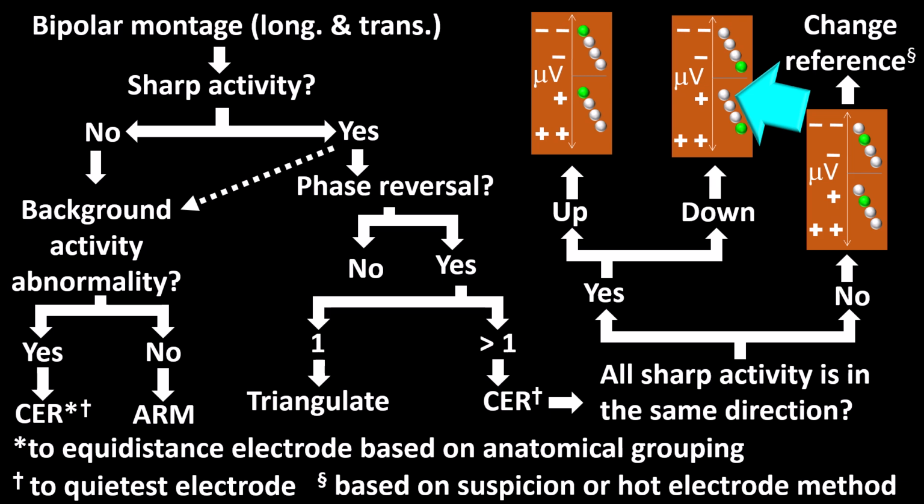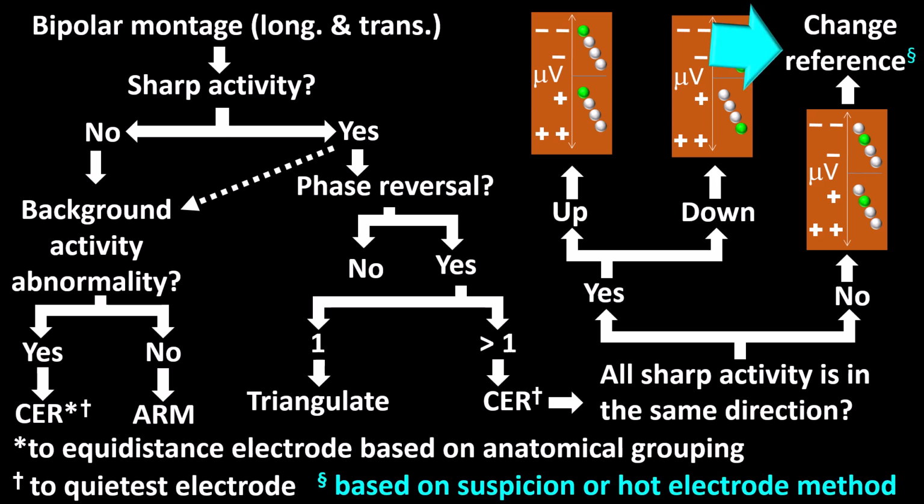Now let's go back to the question regarding the direction of the sharp activity on the common electrode reference montage using the quietest electrode. If the answer to this question regarding the direction of all the sharp waves is no, that is, if not all the waves are in the same direction, then the common electrode is neither the minimum nor the maximum of the electrical field, and the reference should be changed.